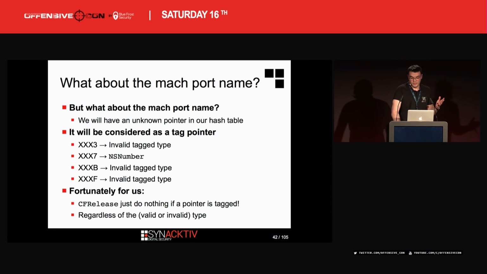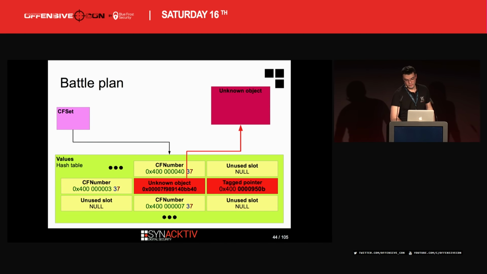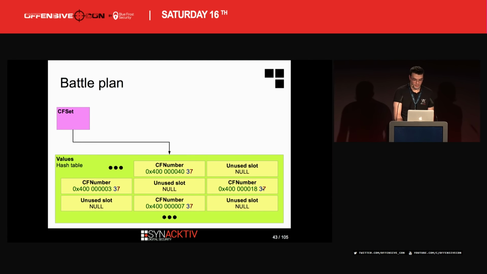So it will just do nothing if the pointer is tagged. It doesn't even check the type of the tagged pointer. So it's always safe to overwrite the next slot with a Mach port name, even if here the type is invalid.